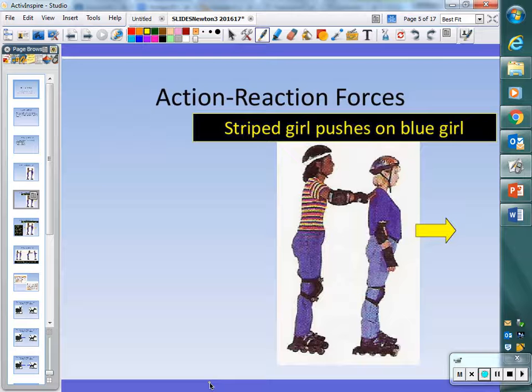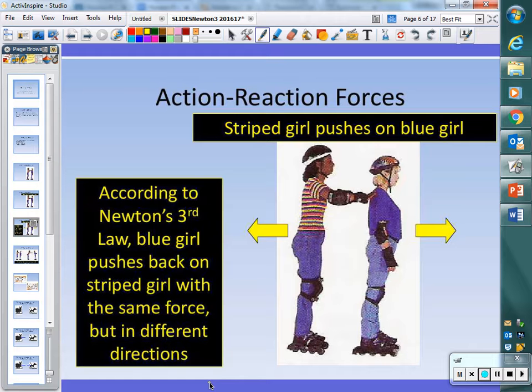When striped girl exerts a force on blue girl, automatically blue girl exerts a force back on striped girl, even though she didn't actively push. According to Newton's third law, blue girl automatically pushes back on striped girl with the same force, but in the opposite direction, without even trying. That pair is called the action-reaction pair. Striped girl pushes on blue girl, blue girl pushes on striped girl.